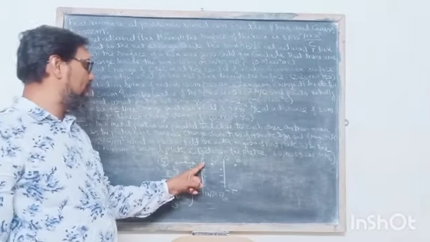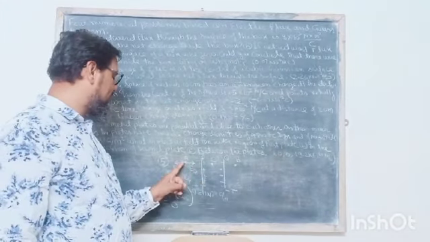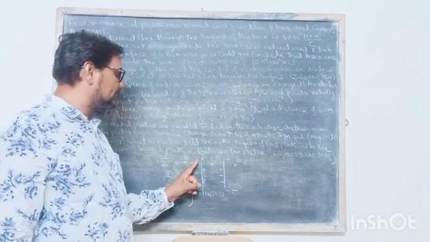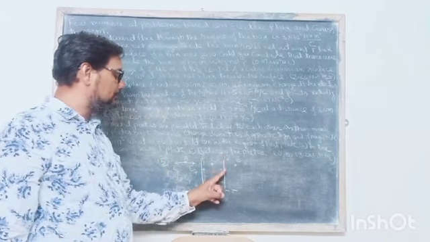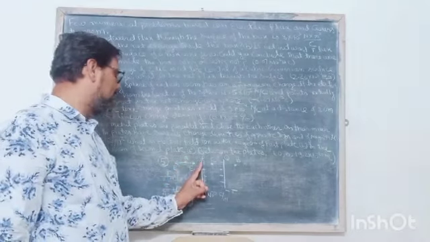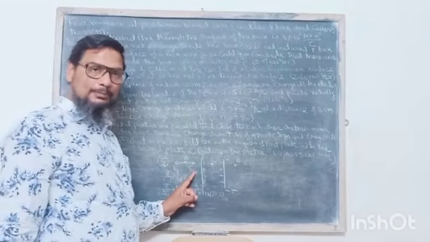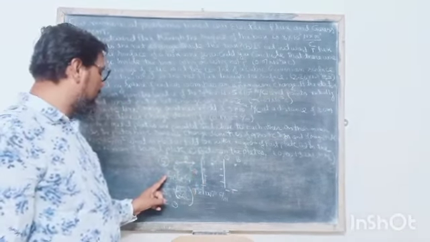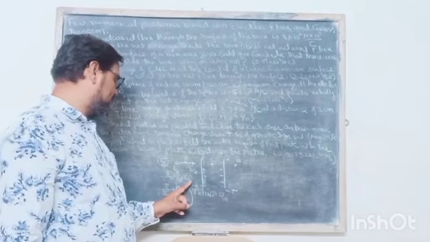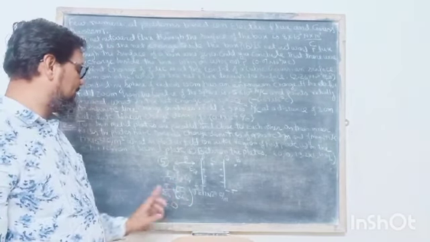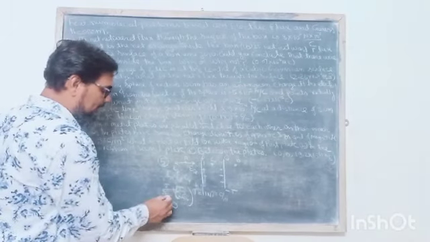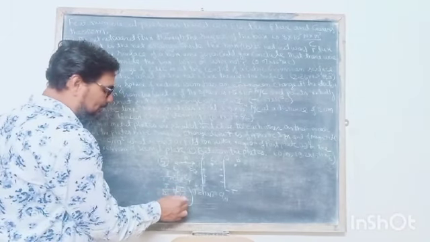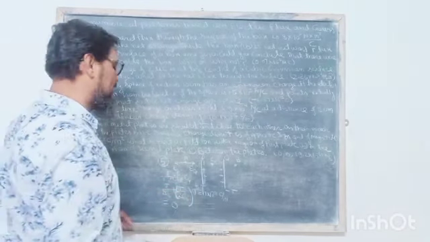The direction of electric field intensity due to this plate is away from the plate, and the direction of electric field intensity due to the negatively charged plate is towards the plate. EP and EQ are opposite to one another, so the net electric field will be equal to 0. This is sigma upon 2 epsilon naught plus minus sigma upon 2 epsilon naught, and the total value will be 0.